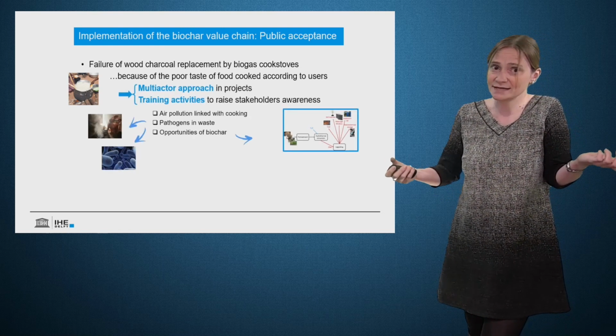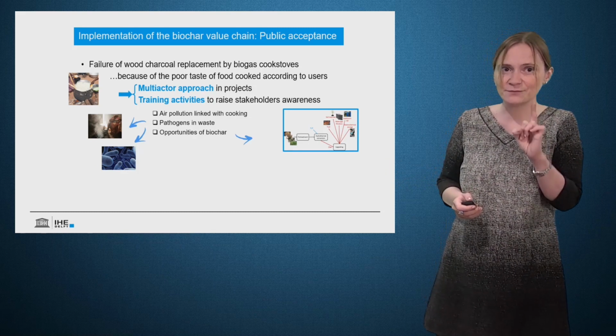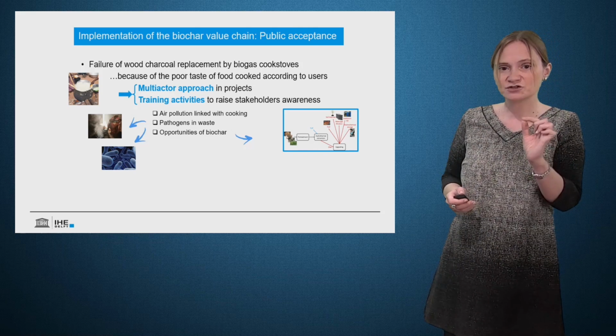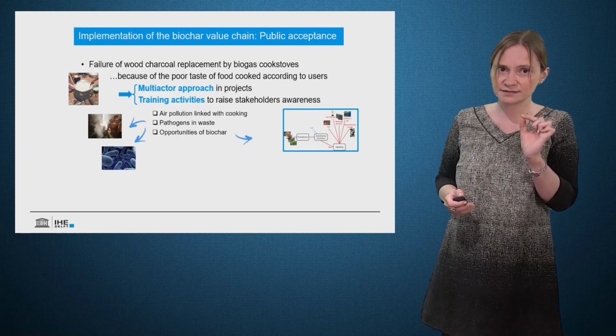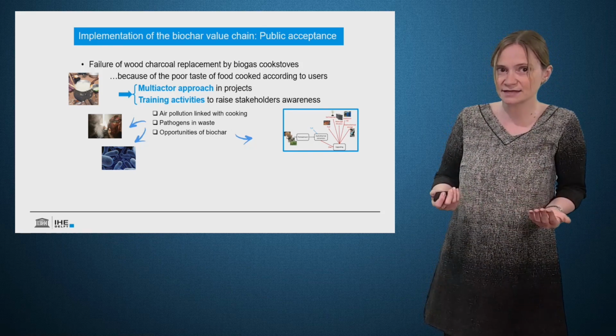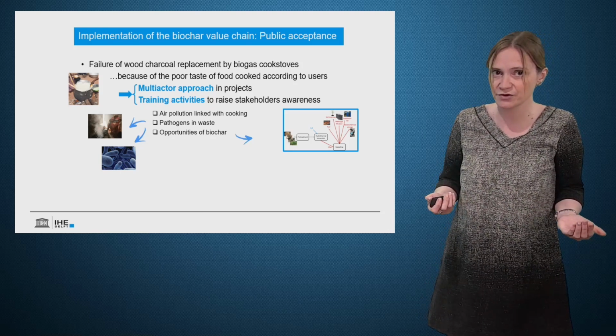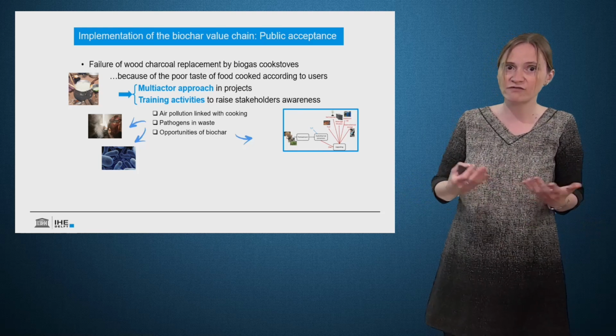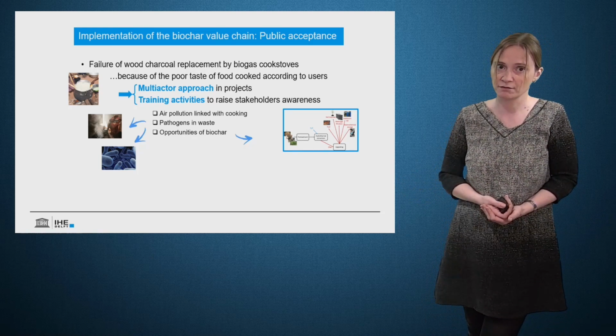So, this example shows the importance of adopting from the beginning of projects a multi-actor approach and training activities to raise stakeholders' awareness, for instance, on the issue of air pollution with cooking, of pathogens in waste, and of the opportunities of the new value chain created thanks to biochar.